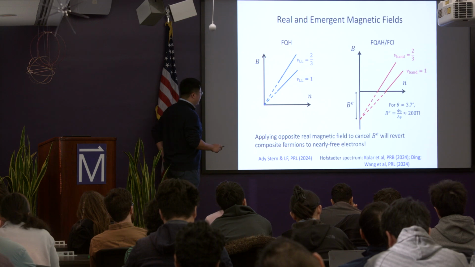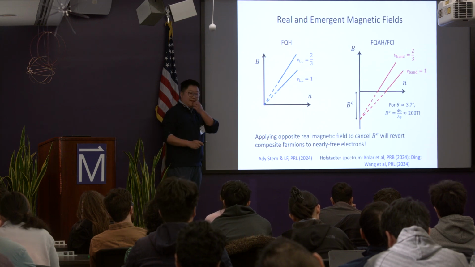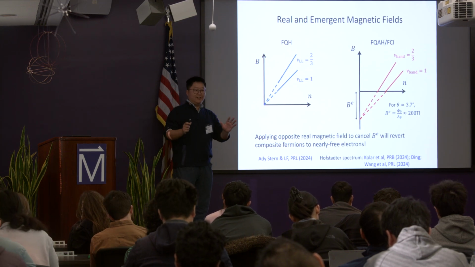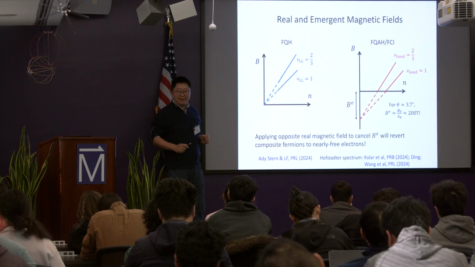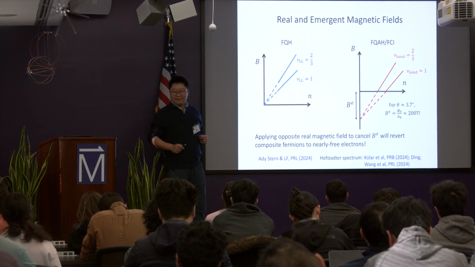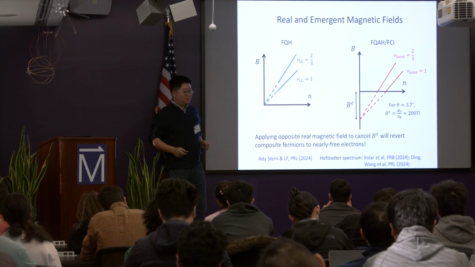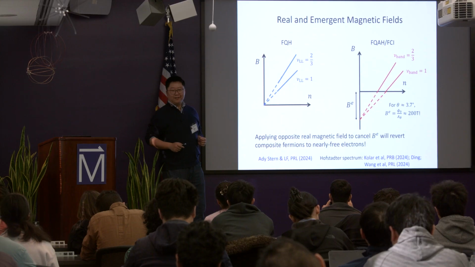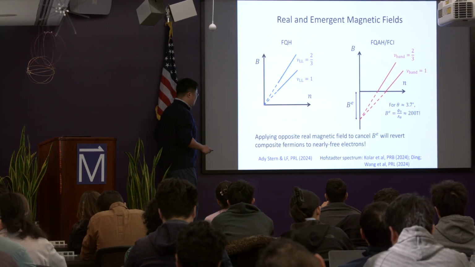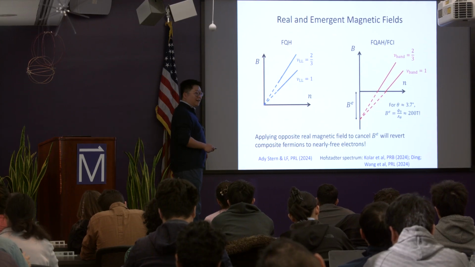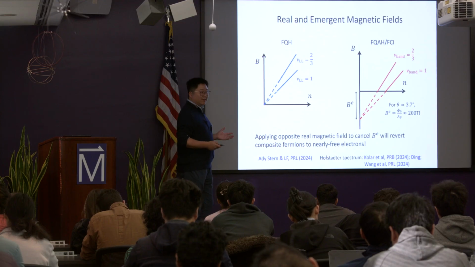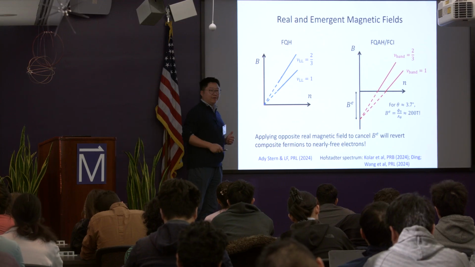Okay, so now imagine we take twisted MoTe2 and suppose we can apply an opposite field of 200 Tesla. Then it will cancel the emergent magnetic field. What this will do is restore composite fermions that spontaneously form at zero field, converting them back into nearly free electrons.